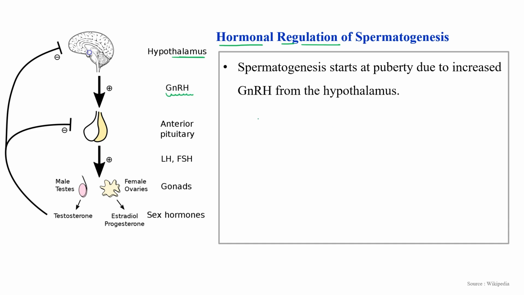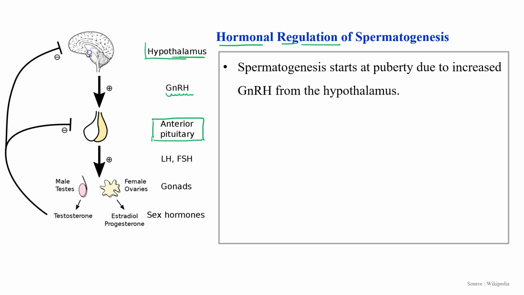And as this gonadotropin releasing hormone is released, it immediately gives its signal to another gland, that is the anterior pituitary, right?